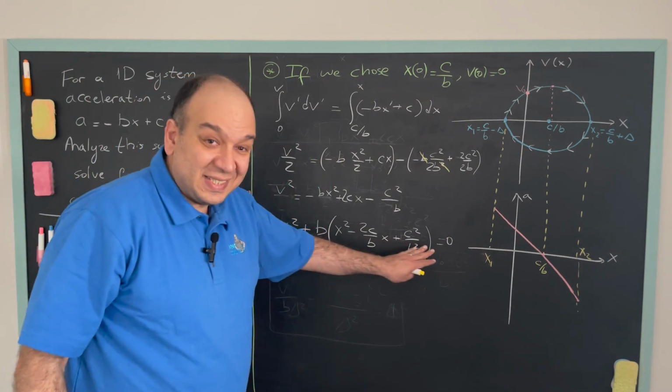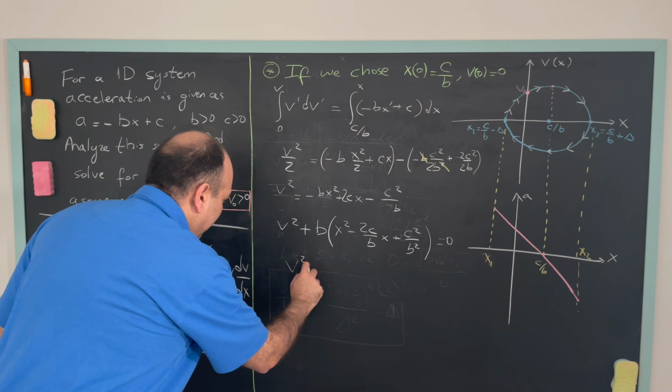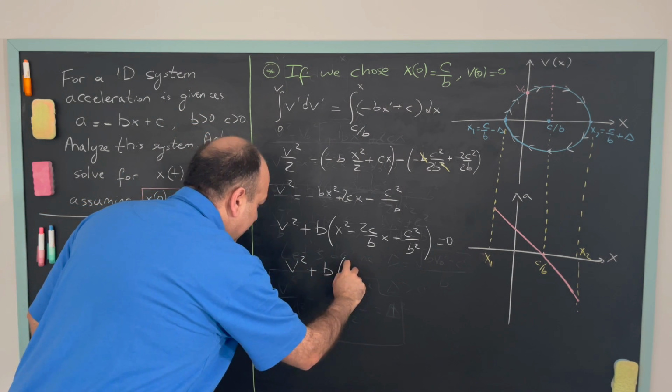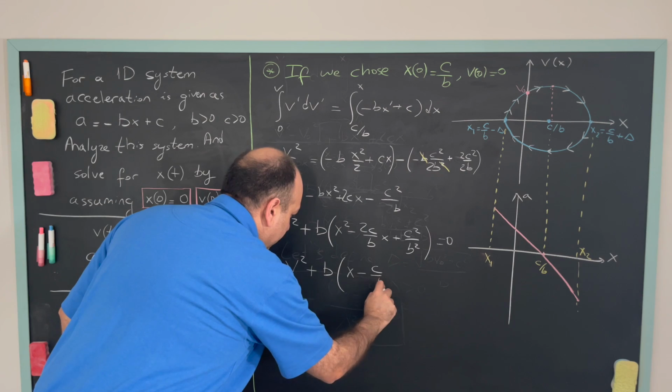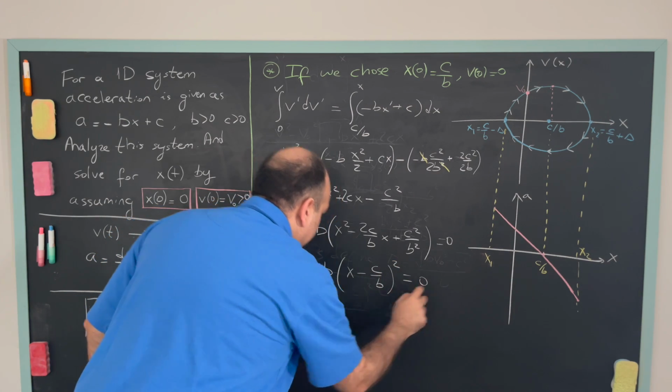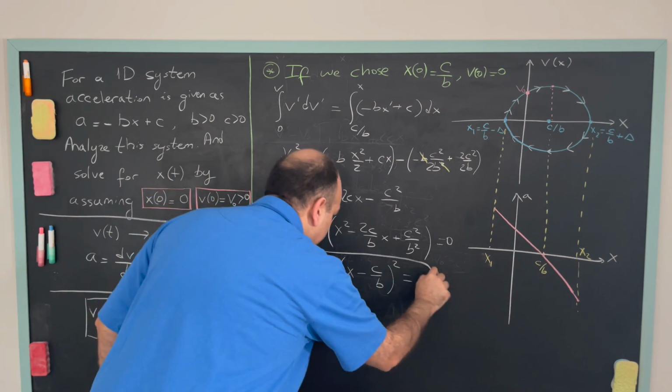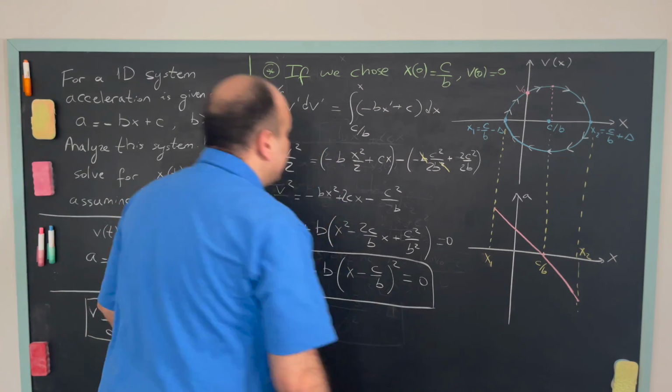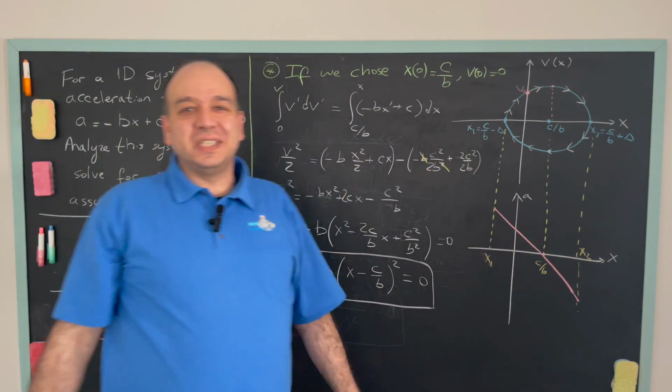Okay, so what is that? v squared plus b times (x minus c over b) squared is equal to 0. So this is my new equation with the new set of initial conditions.